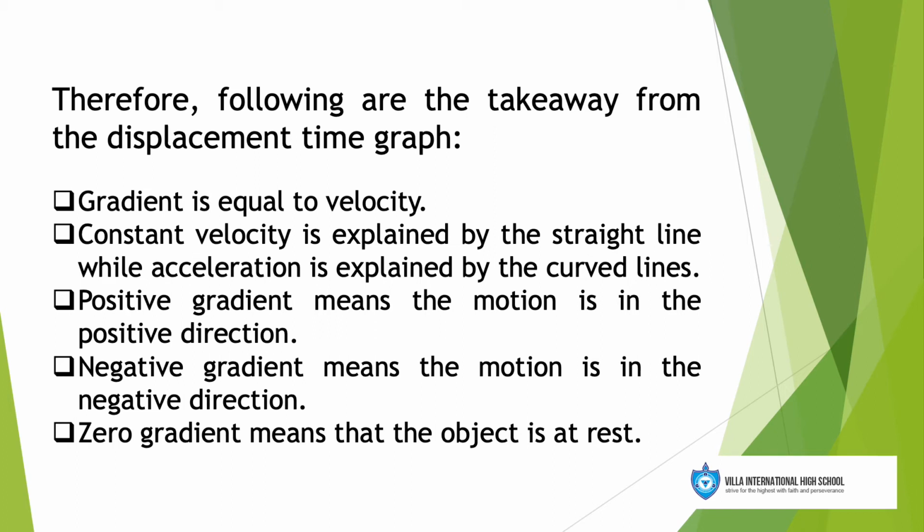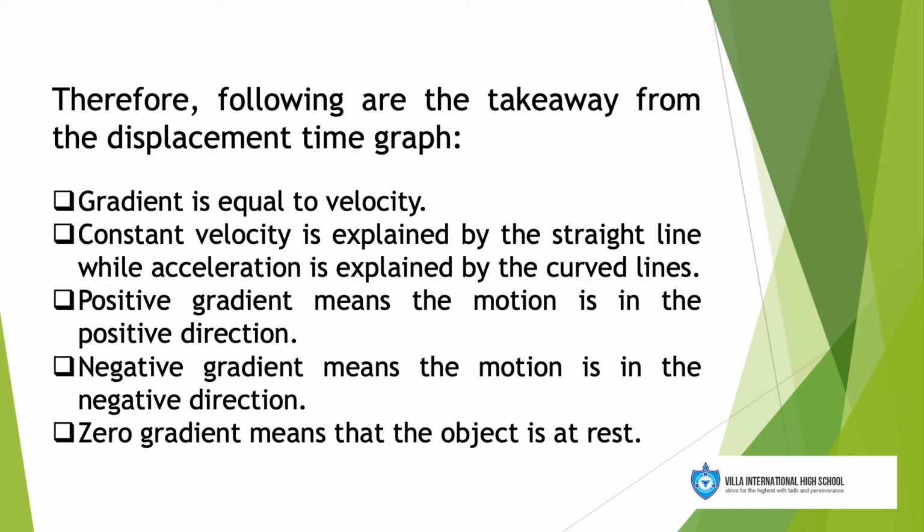Positive gradient means the motion is in the positive direction. Negative gradient: in a displacement time graph, if you see anywhere a negative gradient, it means that the object is moving in the opposite direction. So negative gradient means the motion is in the negative direction, meaning the object is moving back.